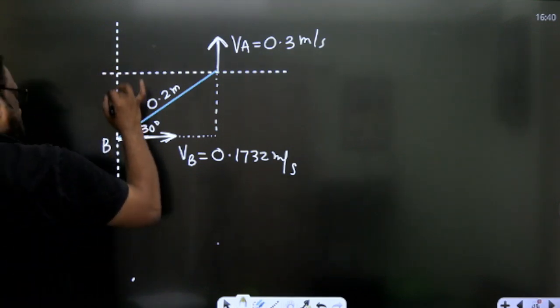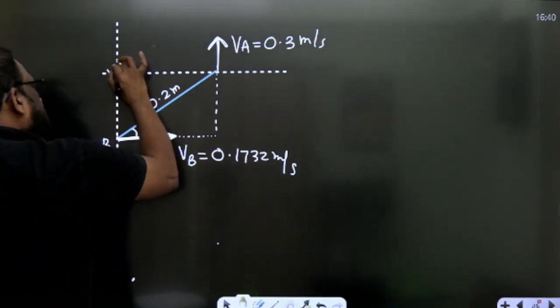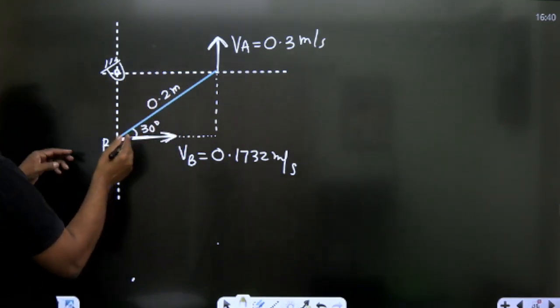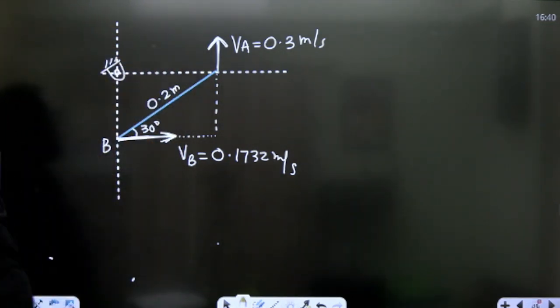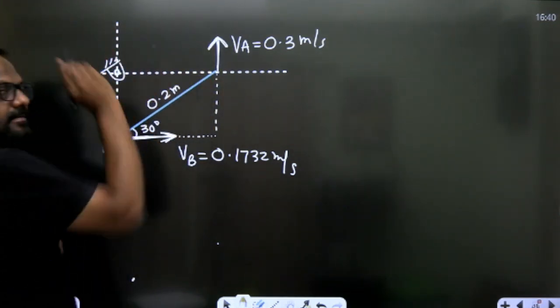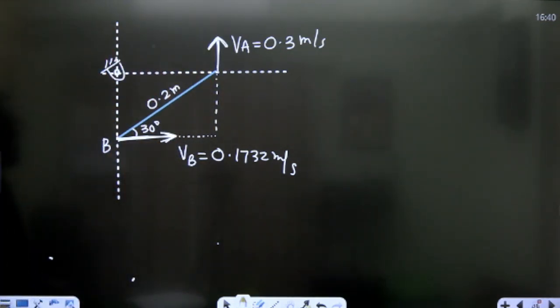This is my instantaneous center. It is as if the complete plate is rotating about this point. Now it is so simple.